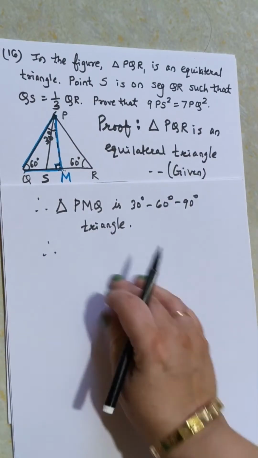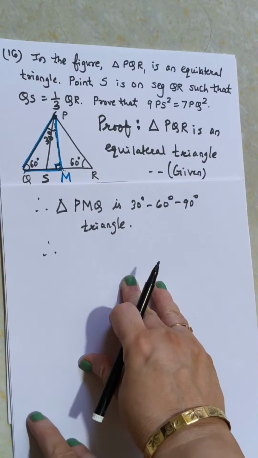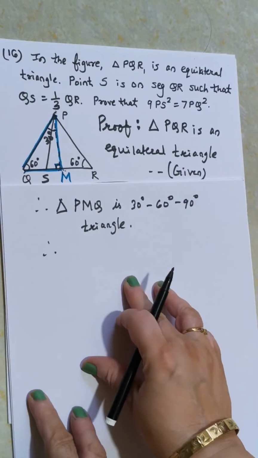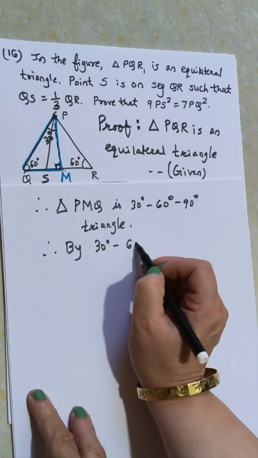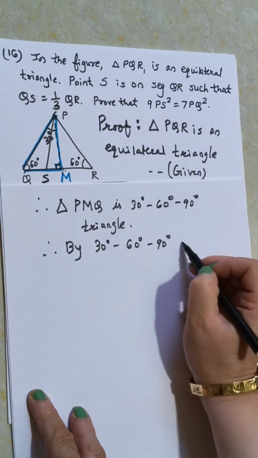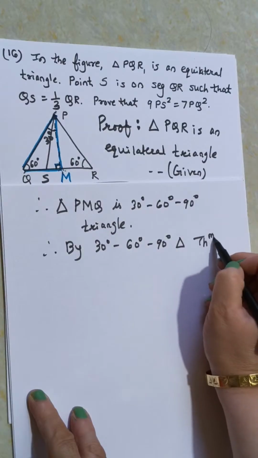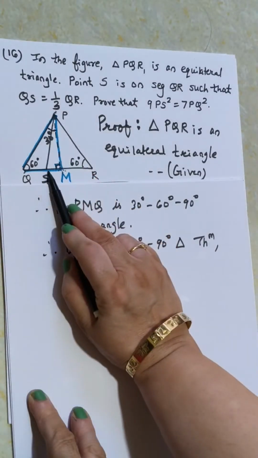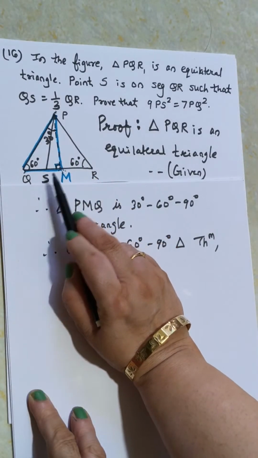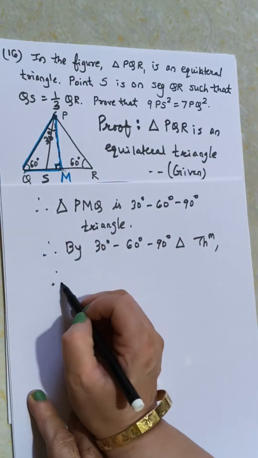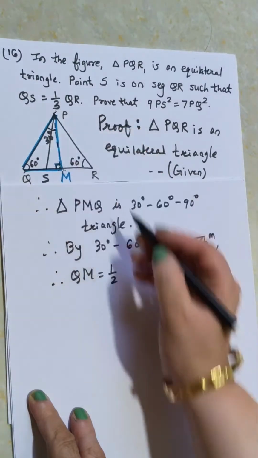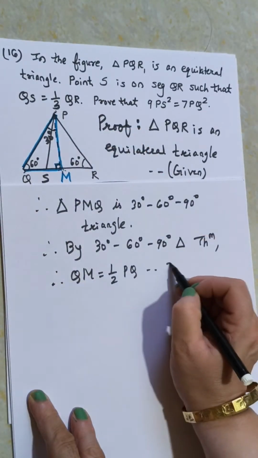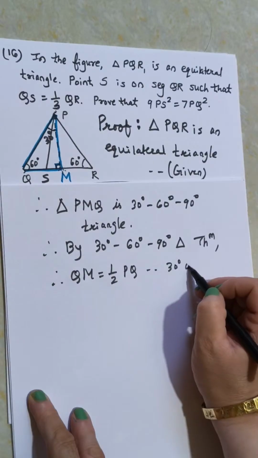And therefore, by the 30, 60, 90 degree triangle theorem, see, this 30 degree opposite side QM will be half of the hypotenuse. Therefore, QM will be half of the hypotenuse, that is PQ, the 30 degree opposite side.